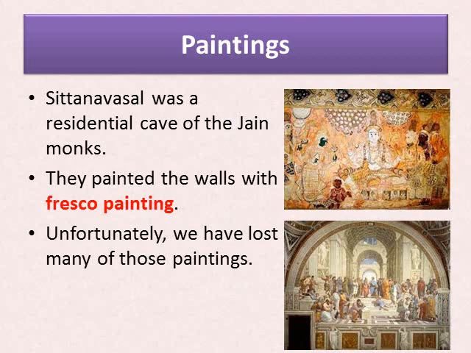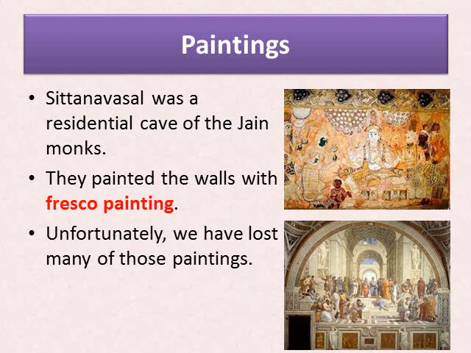They paint directly onto the wet plaster so that the paint becomes an integral part of the plaster. The most famous example of the fresco type of painting is the Sistine Chapel ceiling by Michelangelo. Fresco means fresh in Italian.